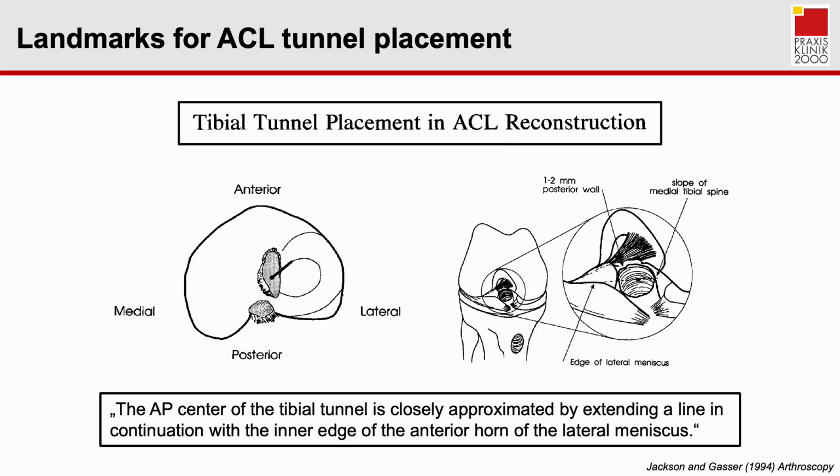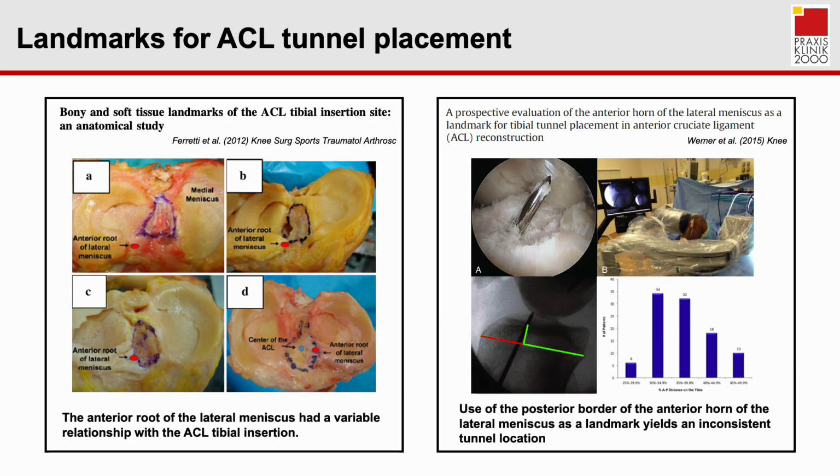A soft tissue landmark which is quite commonly used is the anterior horn of the lateral meniscus. Jackson and Gasser described that the AP center of the tibial tunnel is closely approximated by extending a line in continuation with the inner edge of the anterior horn of the lateral meniscus.